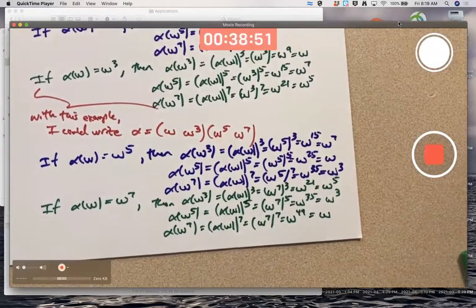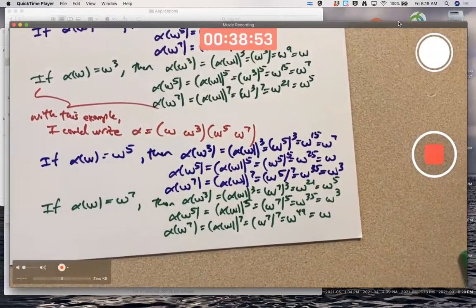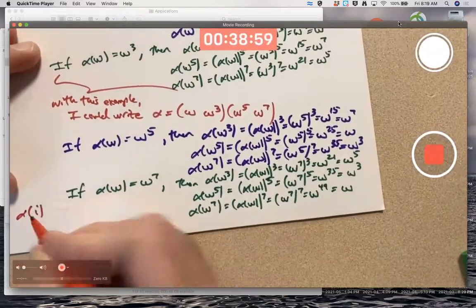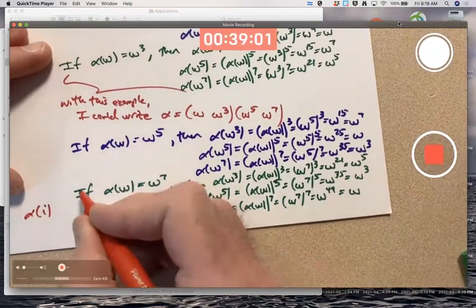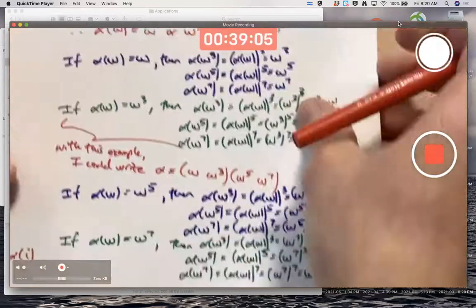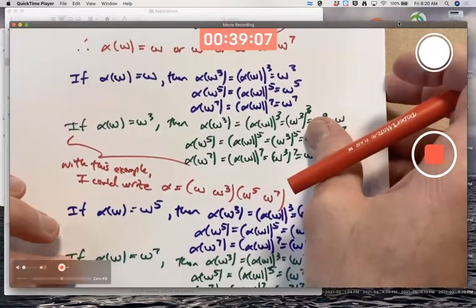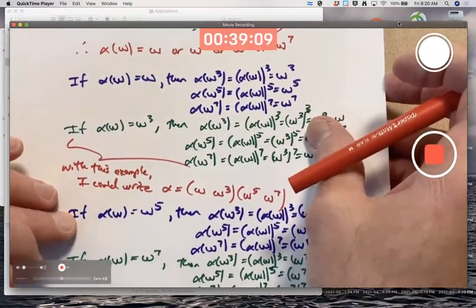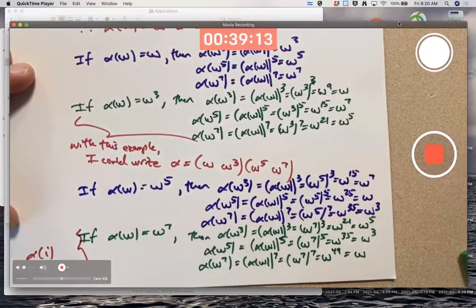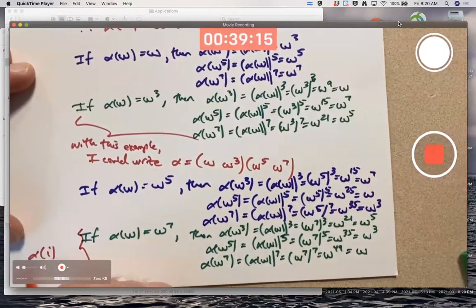It also could be handy to figure out, say, what I gets mapped to. Say in each of these 4 cases, these are all 4 different examples, right? 4 different possibilities for alpha. Say we're in this case right here, what would I get mapped to? Well, I is omega squared.